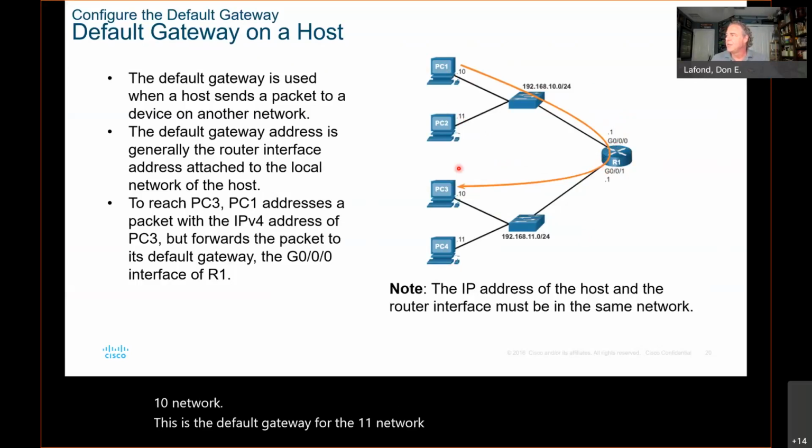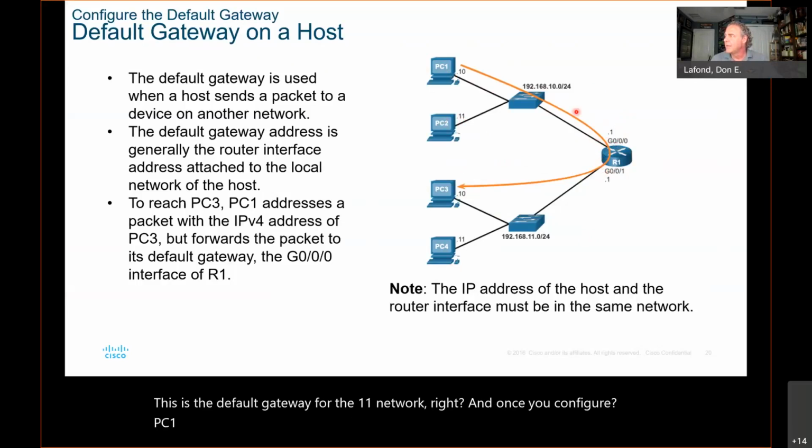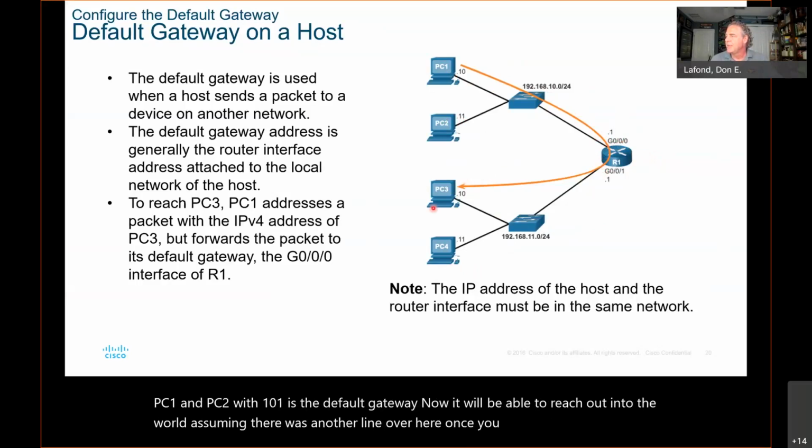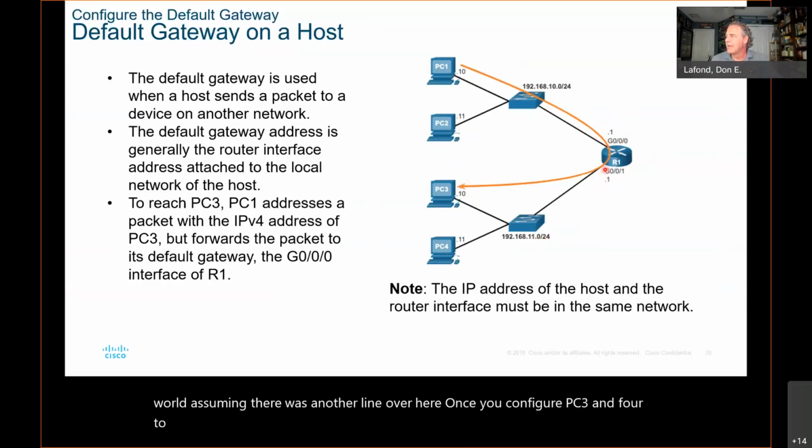And once you configure PC1 and PC2 with 10.1 as the default gateway, now they will be able to reach out into the world, assuming there was another line over here. Once you configure PC3 and 4 to have 11.1 as the default gateway, now these two computers will be able to reach the outside world, and PC1 will then be able to reach PC3.